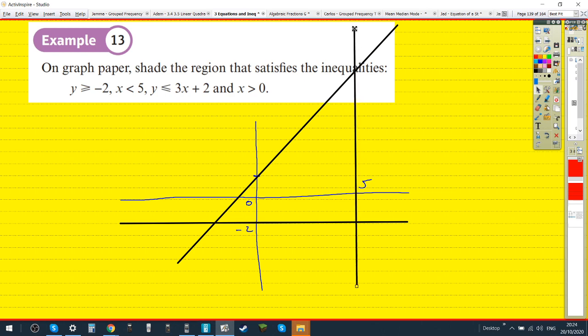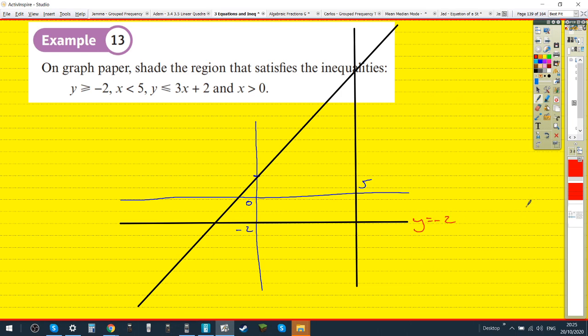Okay. So y is greater than or equal to -2. So where is y less than -2? Would you have to write it as an inequality? No. So here is the line y equals -2.